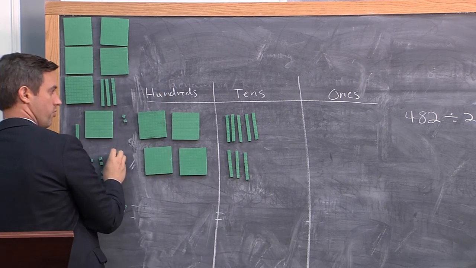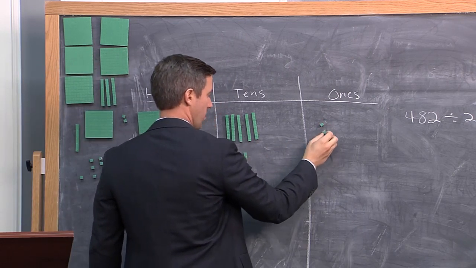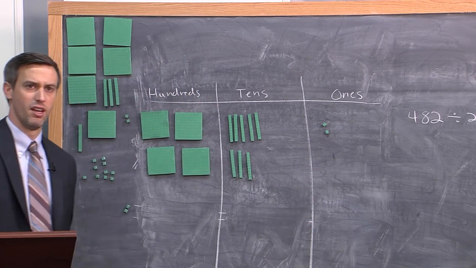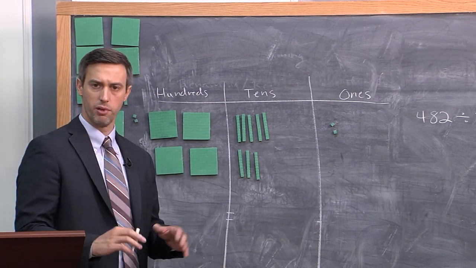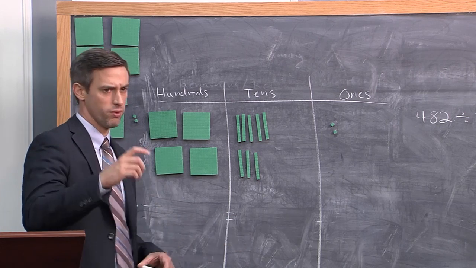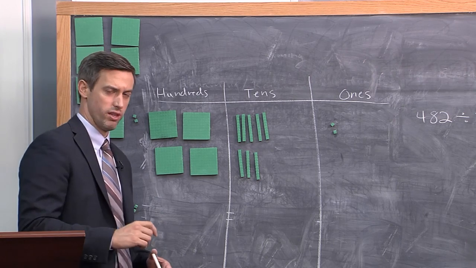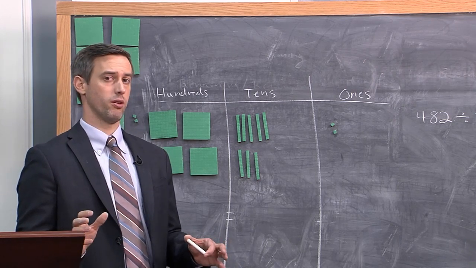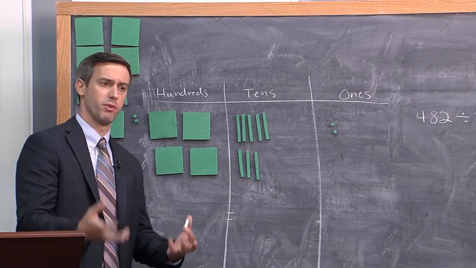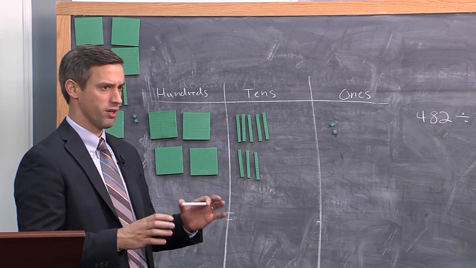And 2 ones. And I'm dividing it by 2. So I ask them, what is division? And a lot of them are going to say splitting into groups. And you want them to refine their explanation. So when they say splitting into groups, you should say, I need more. I need more. Please tell me more.